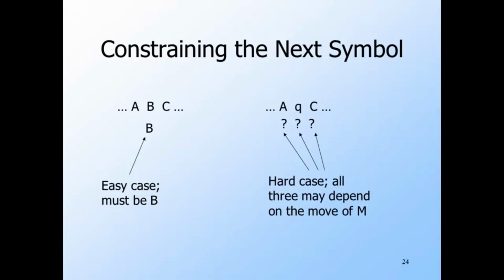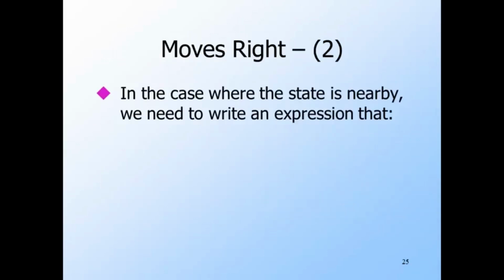But in the hard case, there are three positions, the position that holds the state in the (i-1)st ID and its neighbors that can be affected by the move. Moreover, since we're simulating a non-deterministic Turing machine, there may be a choice of move, and we need to coordinate the three positions in the ith ID to make sure that all three reflect the changes of a single choice of move. For the hard case, the pieces of the moves right expression must do two things.